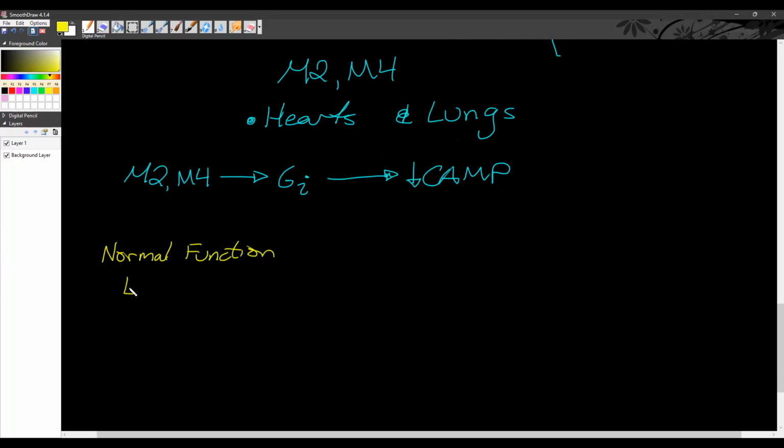In the lung, acetylcholine is going to cause the M2, M4 receptors to activate.